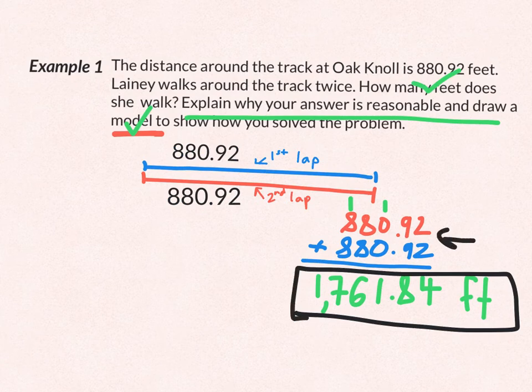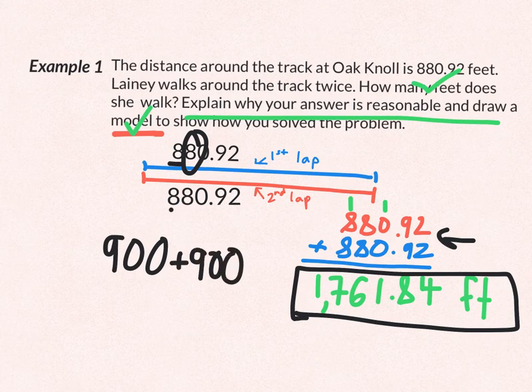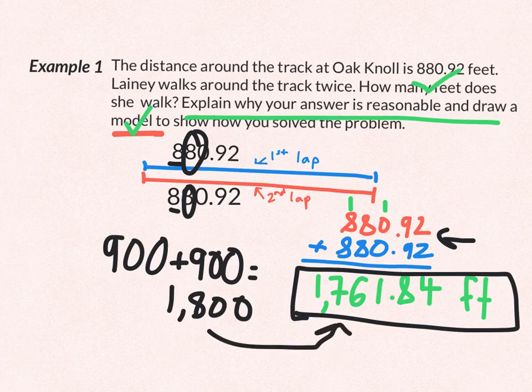So what that means is we would want to round the 880. I would just round it to the hundreds place, nice and simple. So if you round this to the hundreds place, you're asking is it closer to 800 or 900, and it's closer to 900. So our estimate would be 900 plus 900 again, and that would equal 1800, which is close to 1,761 and some change.